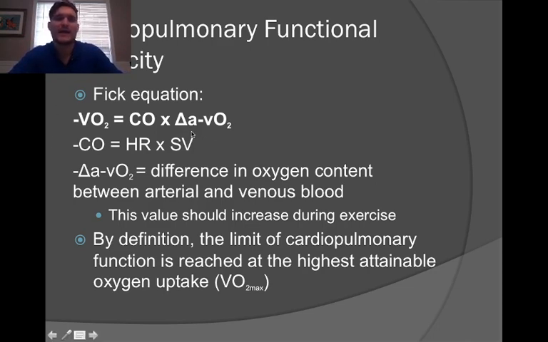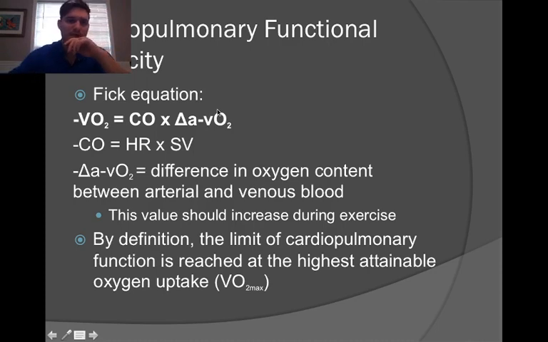So we're looking at how much oxygen is actually extracted, pulled out of that arterial blood. So you have a starting point of O2, that arterial O2, and then you have an ending point, that venous O2, what was left over after the mitochondria utilized some of that oxygen.